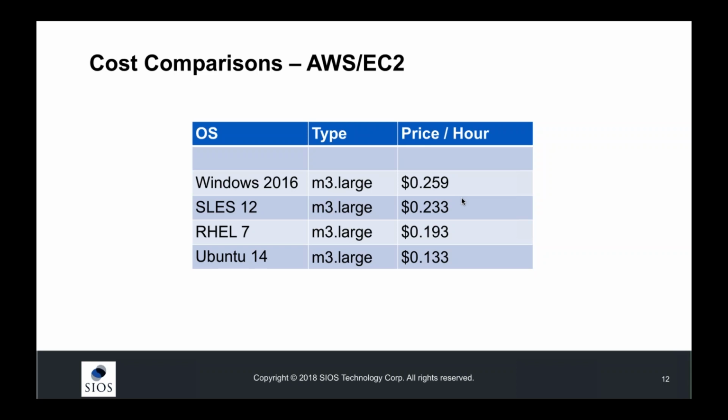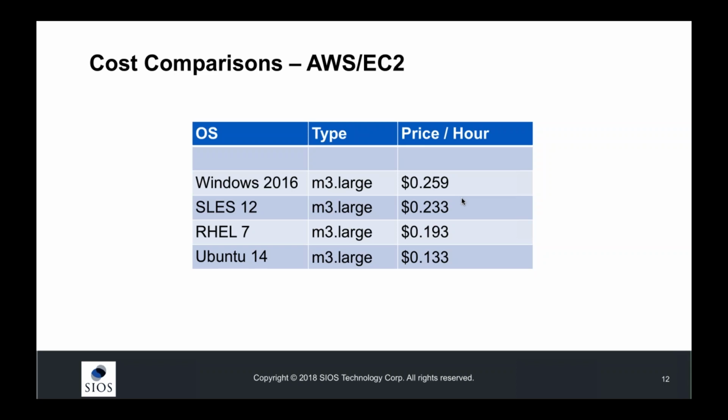So when you look at the differentiators between the Windows image and the same types, they're all M3.large, you see a significant cost difference, like 25.9 cents per hour in comparison to the RHEL 7, which does have core OS support, mind you, at 19.3 cents.